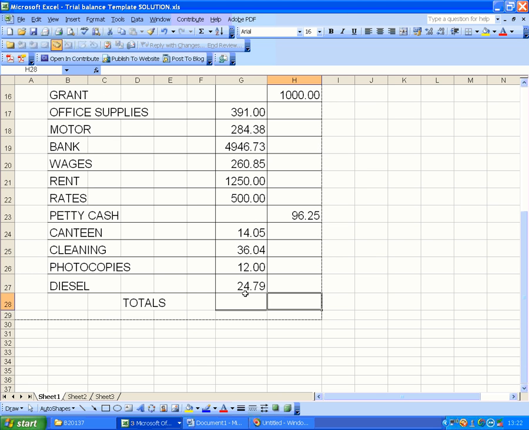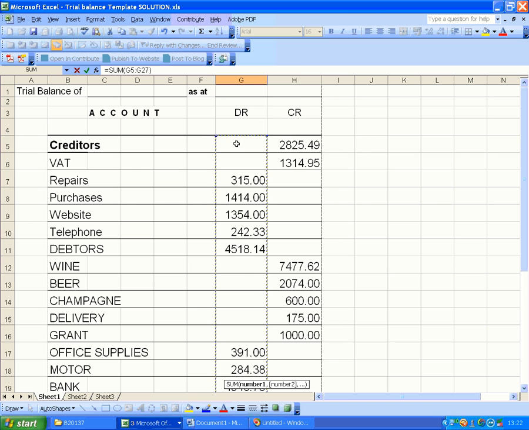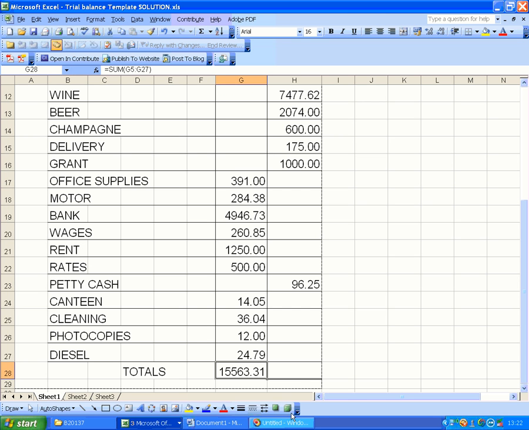So we will now calculate the total of all the debit side values. And we will also create and calculate the total of all the credit values.